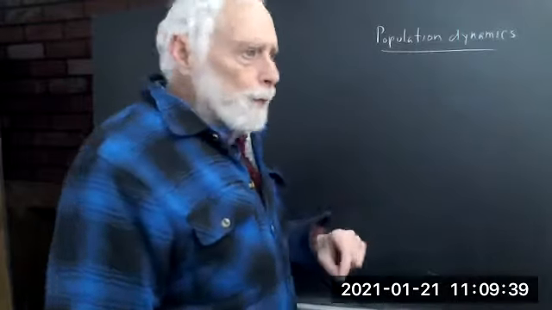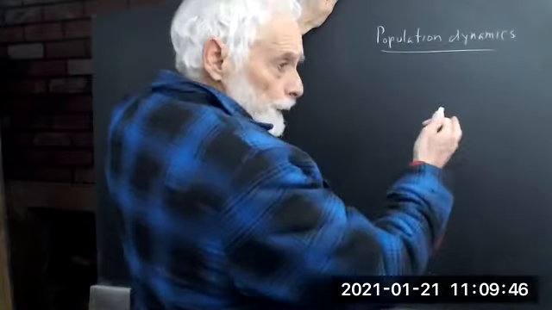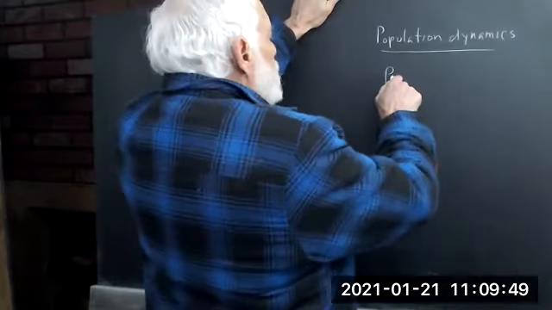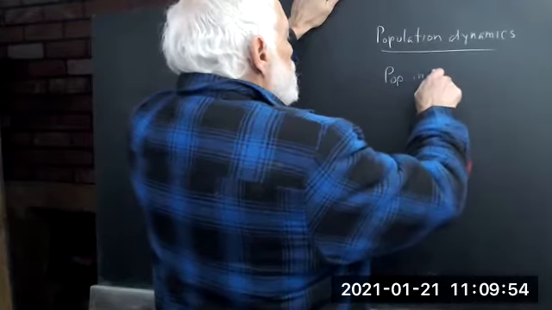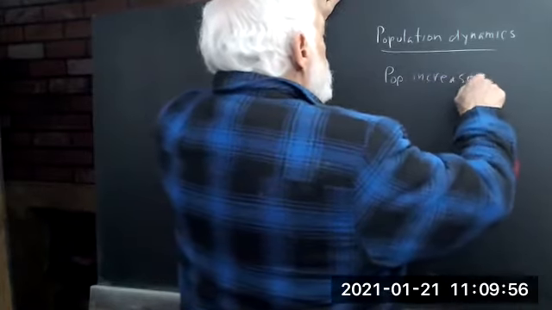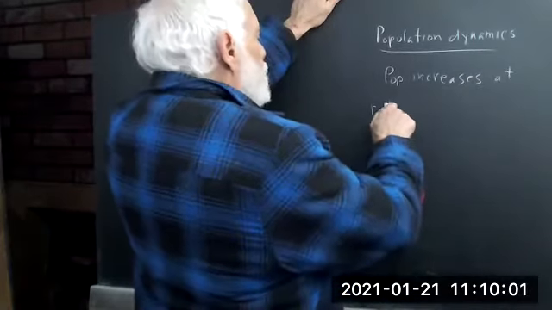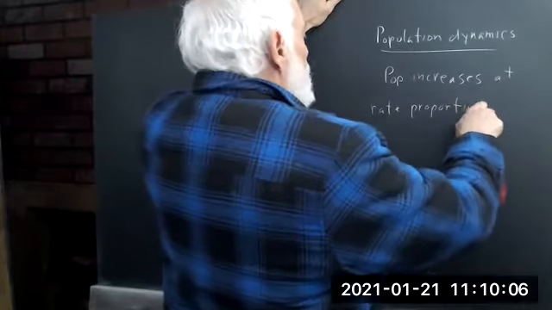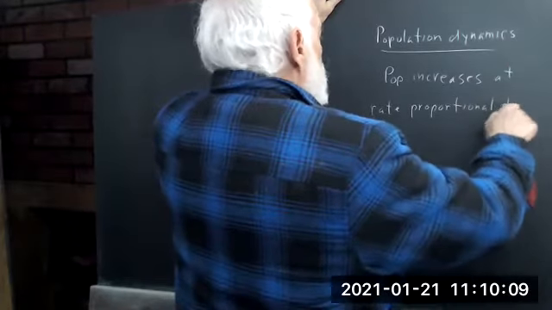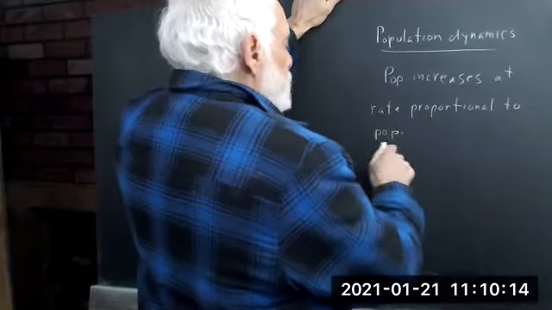Now, this is a simple first order equation, just a y prime. The idea is that population increases at a rate proportional to the population.